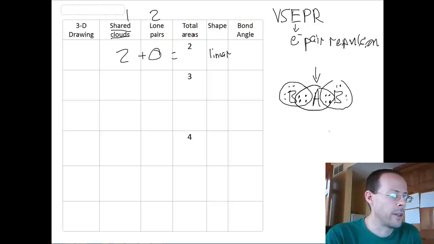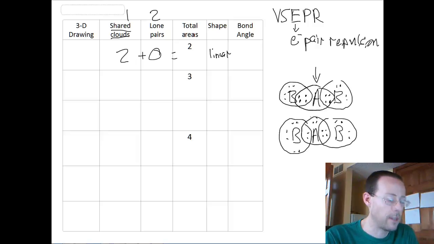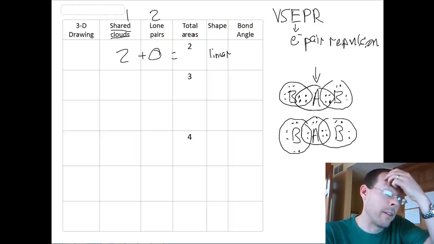Alright, so the next thing we do is, again, let's just say random atom A, and let's put some dots kind of like this, and we'll just do B and B again. This is probably the last time I really give an example. Well, I know, we might do an example another time. Alright, but we have something kind of like this. So if we Venn diagram it up, B has 8, B has 8, A has 8, we have a single bond, we have a double bond, and we have a lone pair.